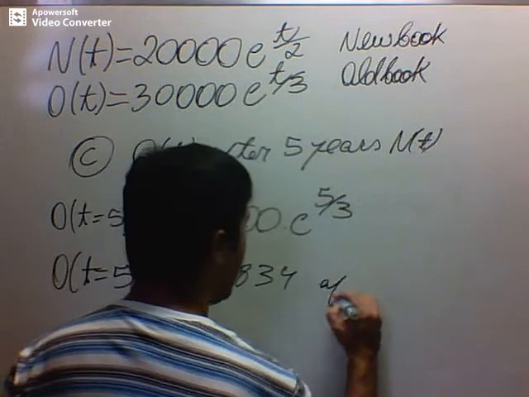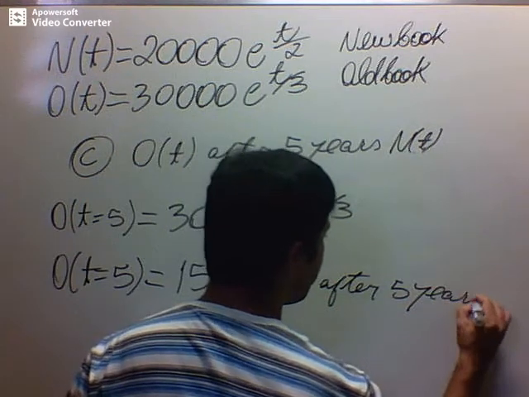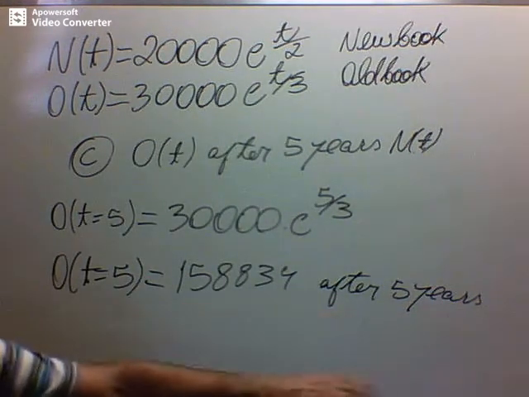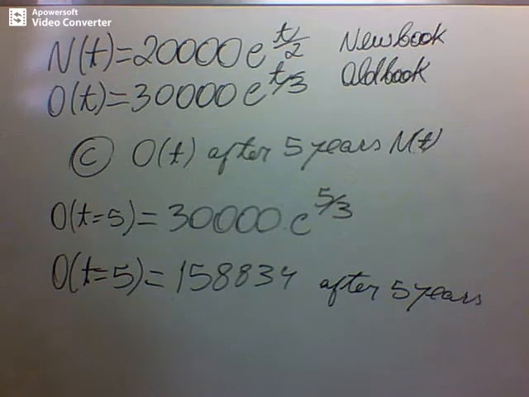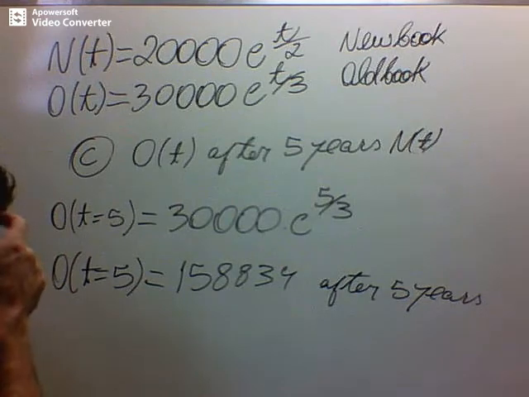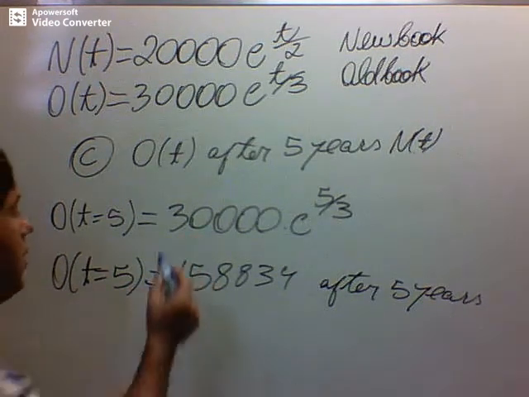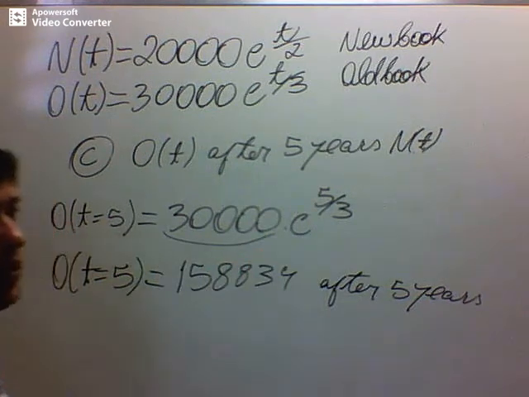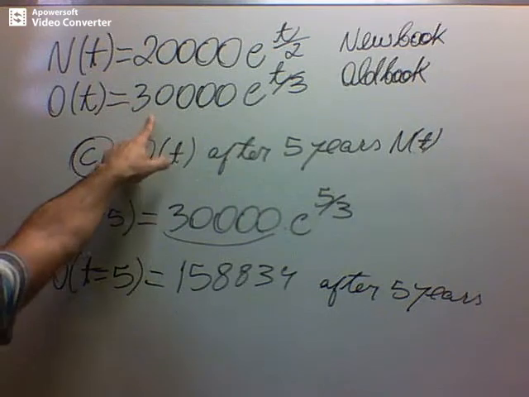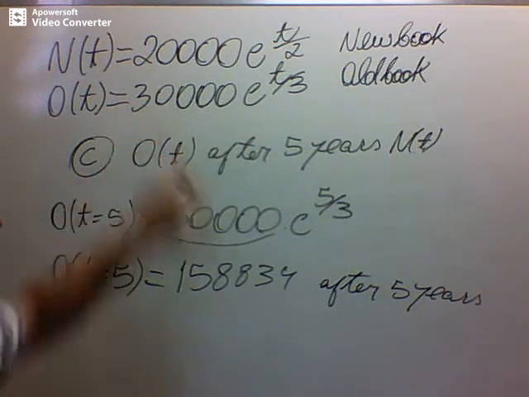After 5 years, and only after 5 years, we are going to launch a new book. But what we need to understand is that we calculated that 30,000 was the initial value of this function here.